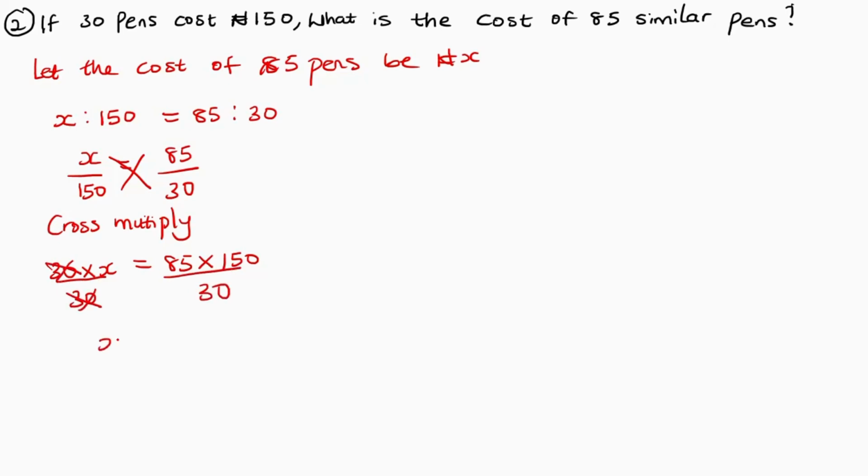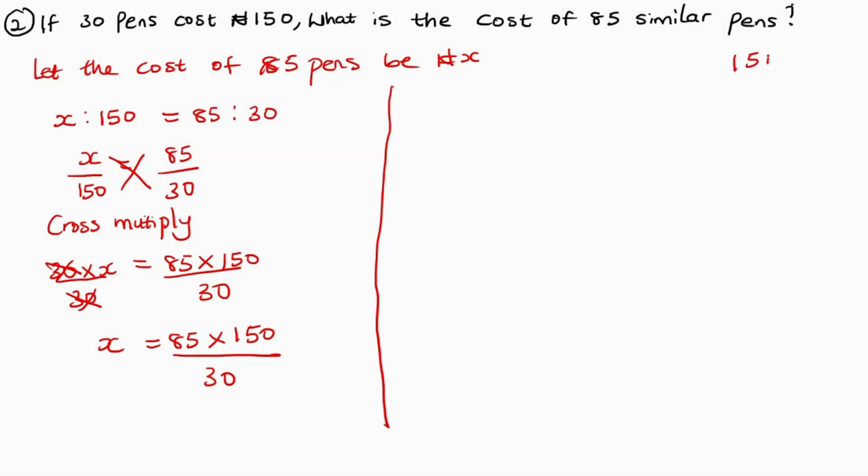What we have left is X is equal to 85 times 150 over 30. 85 times 150: 5 times 0 is 0. 5 times 5 is 25, we carry 2. 5 times 1 is 5, plus 2 is 7. 8 times 0 is 0. 8 times 5 is 40, so we put down 0, we carry 4. 8 times 1 is 8, 8 plus 4 is 12.